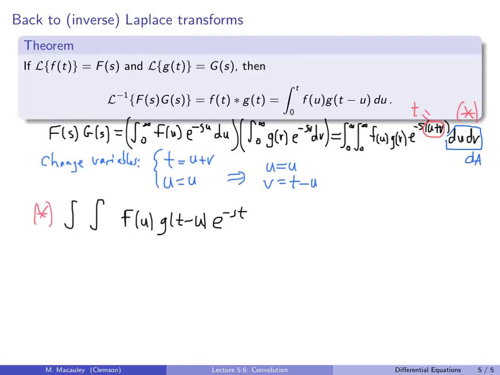So this du dv is something mysterious times du dt. So we can't just take du dv and put in du dt. We have to put in the Jacobian. Remember that? So this is the Jacobian.